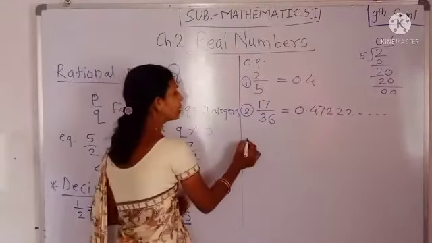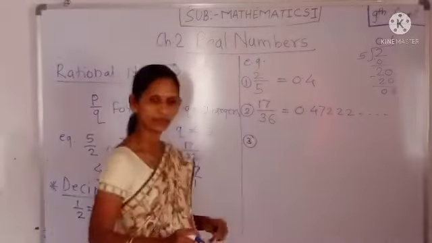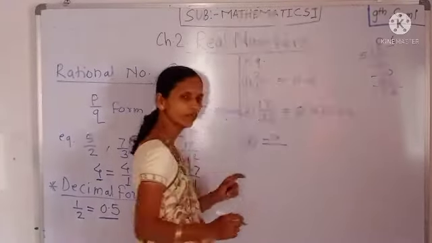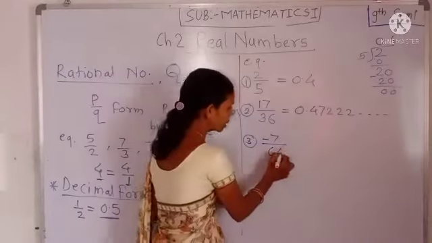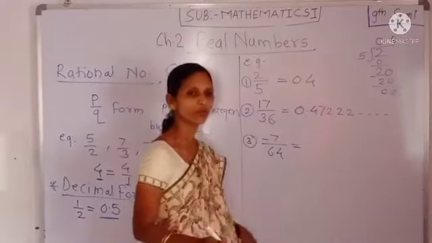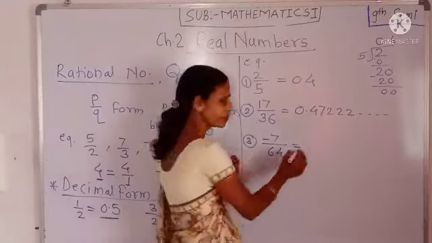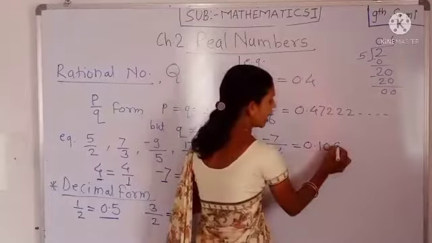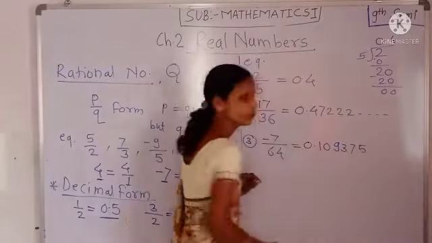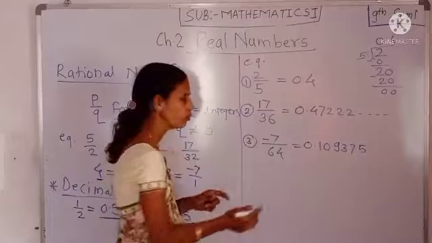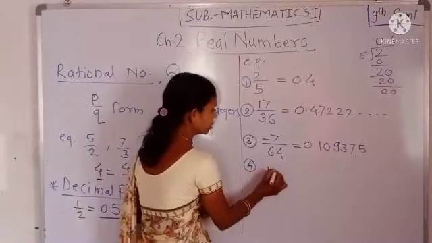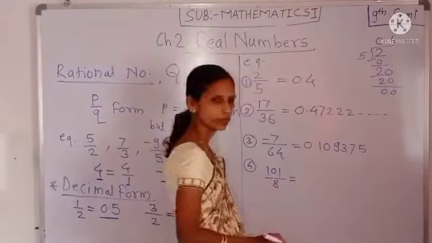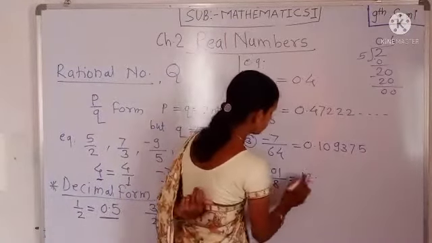Similarly, we can get the decimal form of a few more rational numbers. The third example is -7 upon 64. The decimal form of this is 0.109375.